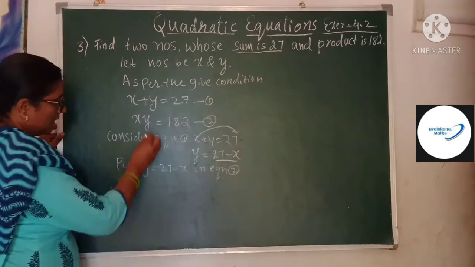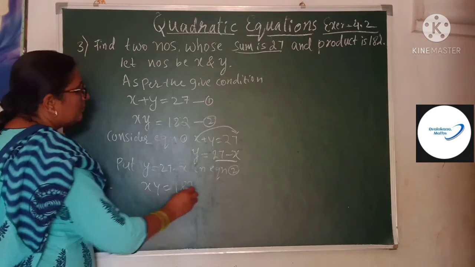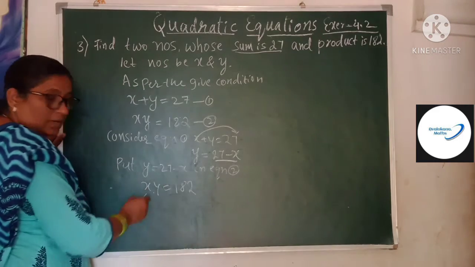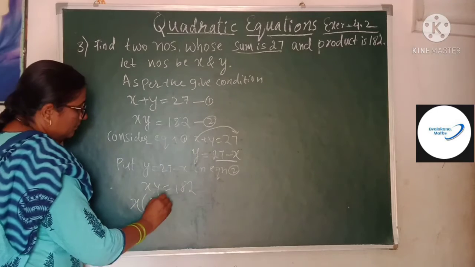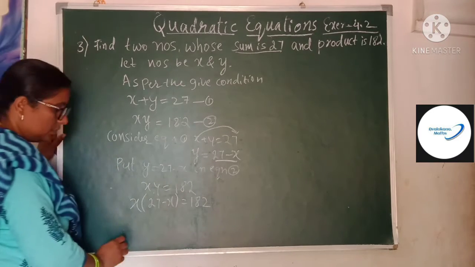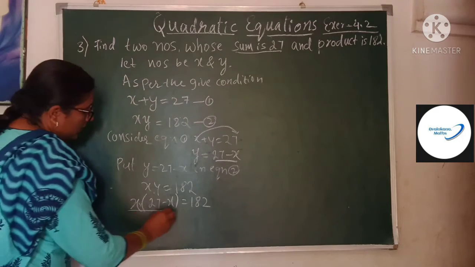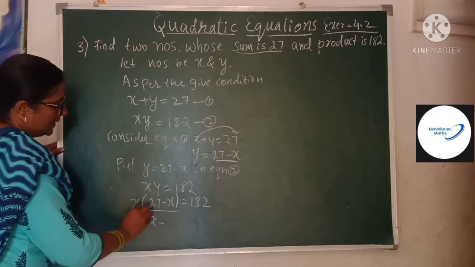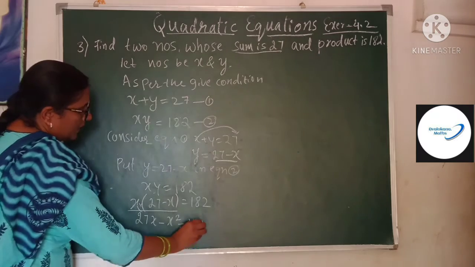So x into y is equal to 182, and in place of y you have x into the bracket 27 minus x is equal to 182. Very easy. Now these two get multiplied: 27 into x is 27x, minus x into x is x square, is equal to 182.